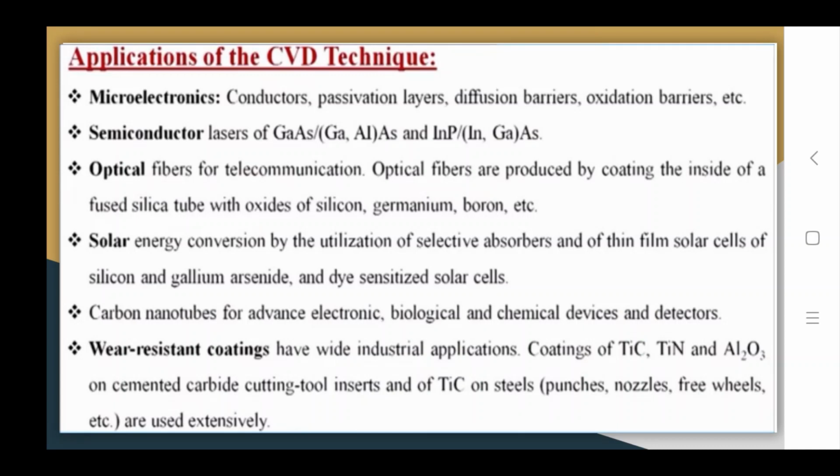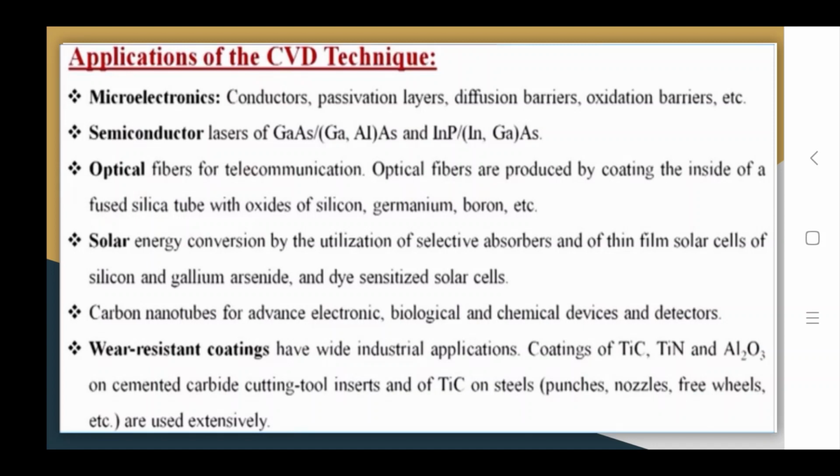Let us discuss the last part of this CVD technique, that is the applications of the CVD technique. Generally we use it for microelectronics purposes: conductors, passivation layers, diffusion barriers, oxidation barriers, etc. Semiconductors, lasers, optical fibers for telecommunication.